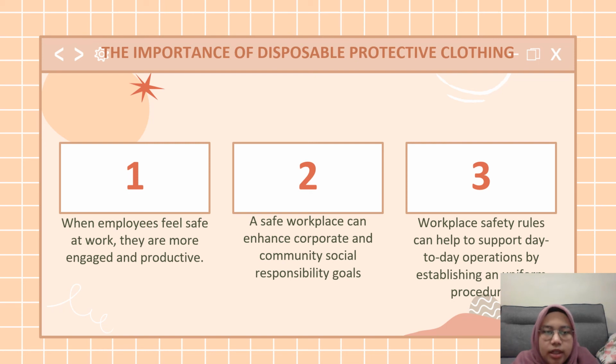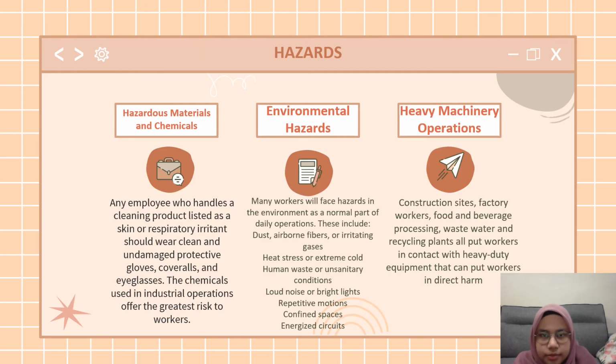So the importance of disposable protective clothing is, number one, when the employee feels safe at work, they are more engaged and productive in work. Number two, a safe workplace can enhance the corporate and community social responsibility goals. And the last one, the workplace safety rule can help to support the day-to-day operation by establishing uniform procedure.